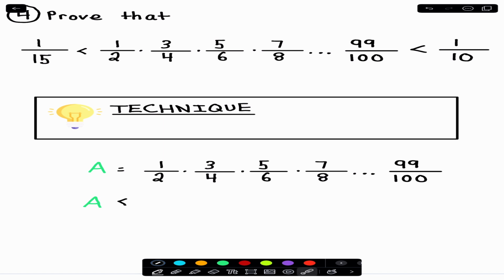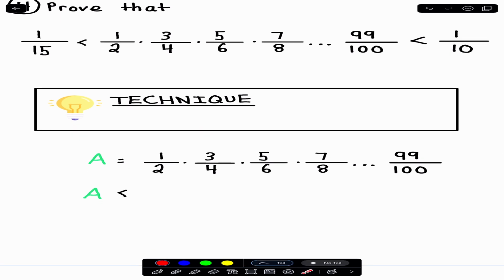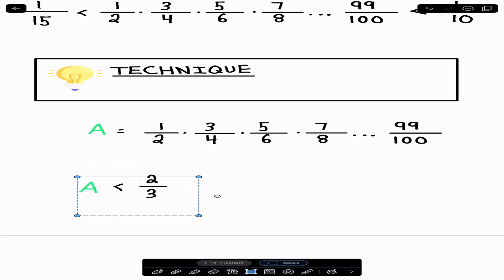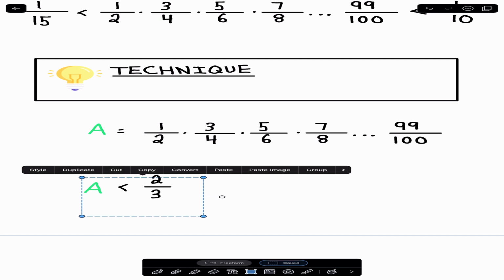And we're going to do this by analyzing each term in A individually. So what do I mean by that? Well, let's take a look at this first term over here, 1 over 2. Now, 1 over 2 happens to be less than 2 over 3. And I'm actually going to move this down so I can give myself more space. It's a little cramped right now.